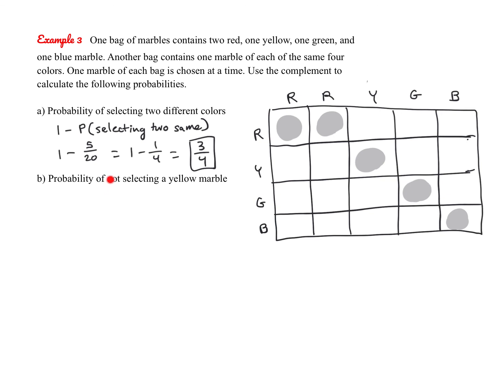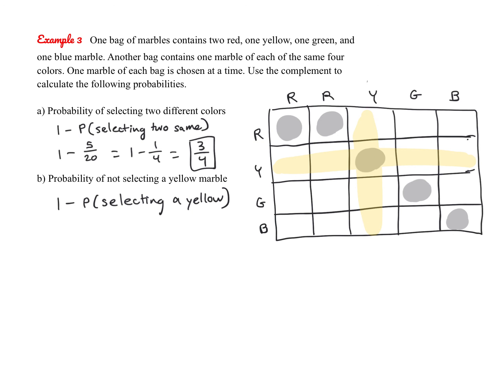Now let's try this next part. The probability of not selecting a yellow. To use the complement, we do 1 minus the probability of selecting a yellow. I'll highlight in yellow all of the different times when we are selecting a yellow. That would be everything here or everything here. If we count up all of those boxes, it's 1, 2, 3, 4, 5, 6, 7, 8.